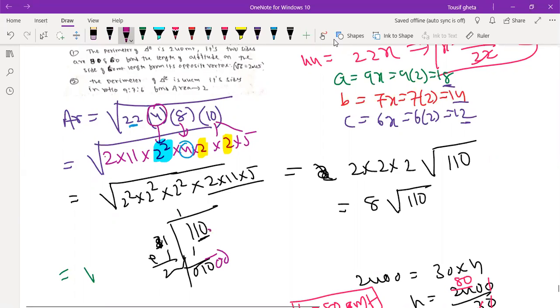When it does not go, you have to keep 0 here also. So I think it will come around 10.48. So 8 into 10.5 is around 85 something. Let us see, 8 5s are 40, 8 0s 0, 8 into 4... 84 centimeters square something.